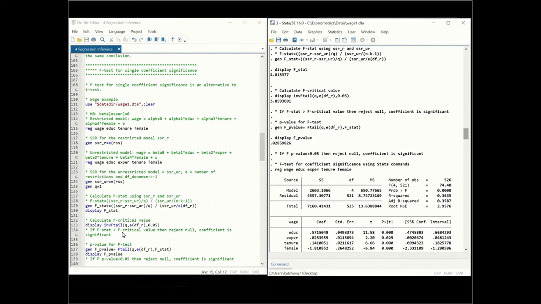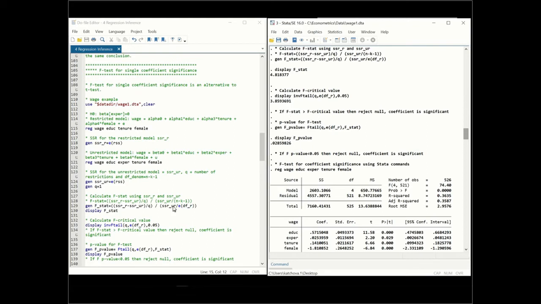So if the F stat is greater than the F critical value, we would reject the null and the coefficient is significant. So if we calculate the F critical value, this is a 3.85. And so now we need to compare the F statistic to the F critical value. And we see that the F statistic is higher. So therefore, we're rejecting the null and the coefficient is significant.